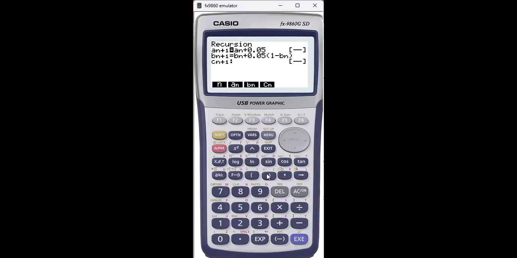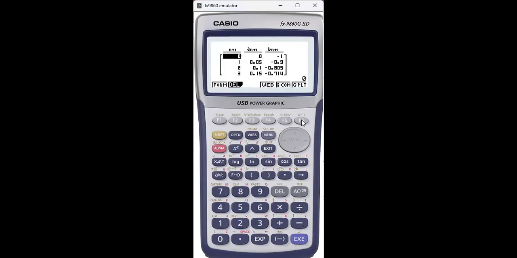Okay, table. So this is the table, and as we can see, this is the answer for this. At 1.5 it will be negative 0.714.